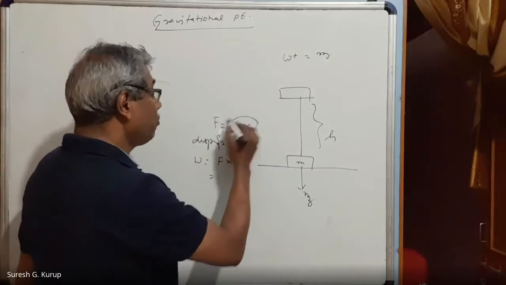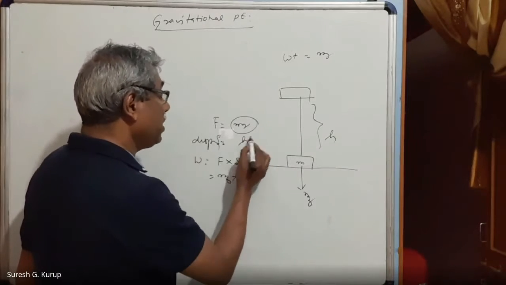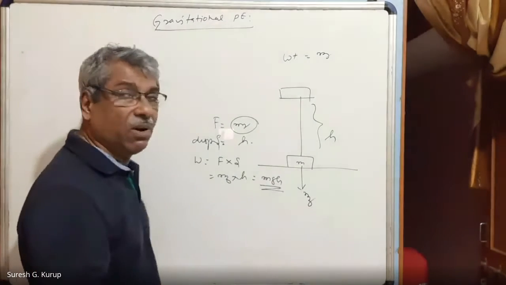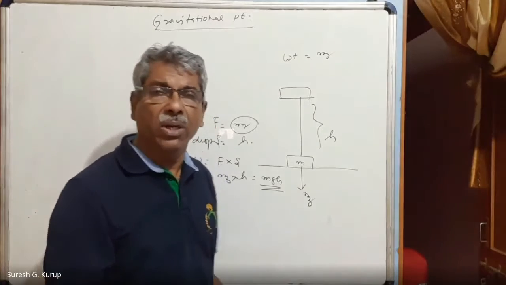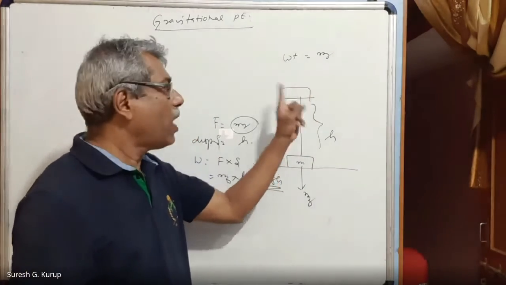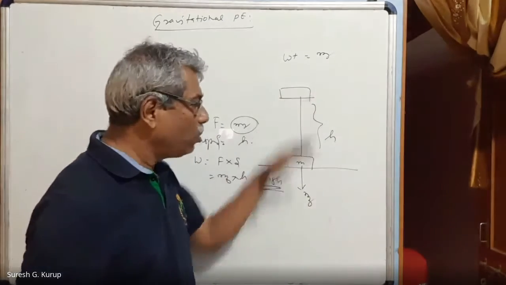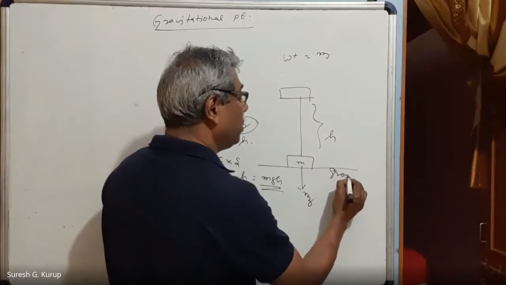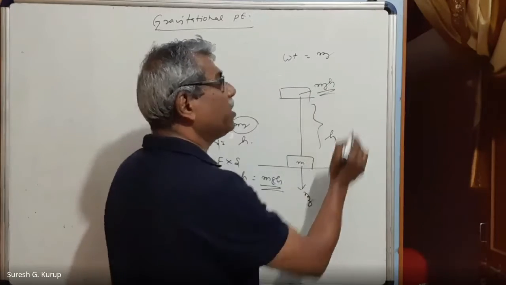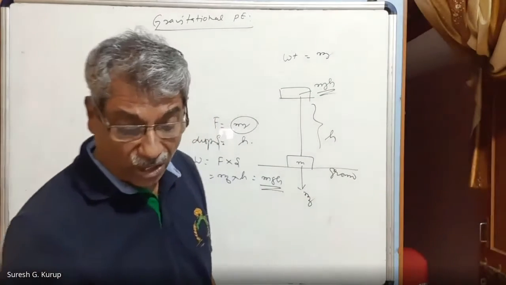In this case, F is equal to mg and S is equal to h, so we get W equal to mgh. Whatever amount of work is done on the body by you is stored in the form of potential energy. So at this particular position above the ground, this body possesses an energy equal to mgh. This is a stored form of energy.